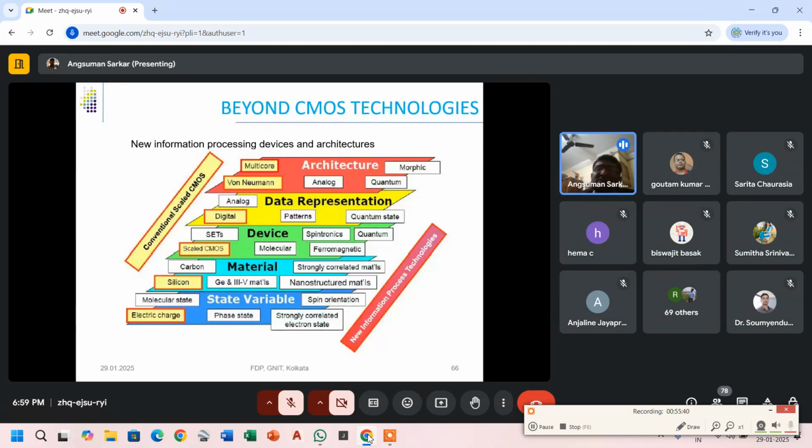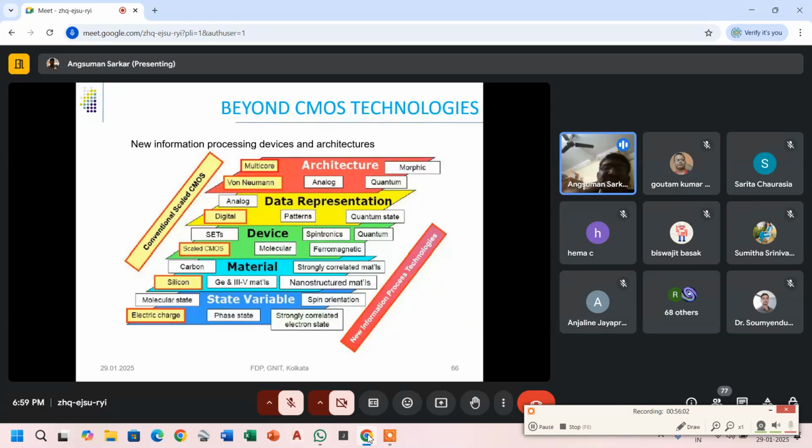Beyond CMOS technology, let us see starting from architecture-wise. Architecture-wise, multi-core architecture is there, neuromorphic architecture is there. Instead of a multi-core architecture, we can use a neuromorphic architecture. Instead of von Neumann technology, we can use quantum technology. Instead of analog and digital signals, we can use quantum state.